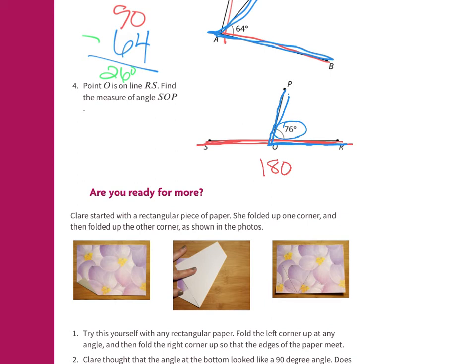So we know that SOP and POR add up to 180. So I can go 180, the straight line, minus 76, the one angle, I get 104, okay? These are called supplementary angles. So POS, or SOP, and POR are supplementary angles because they add up to 180 degrees.